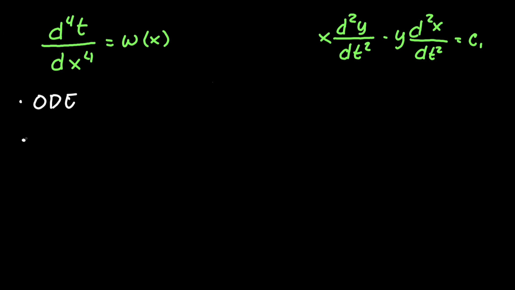And next, is it nonlinear or linear? You can see here that the derivative only has an exponent of 1. And also because you didn't see any trigonometric, exponential, or logarithmic function, this would be linear.